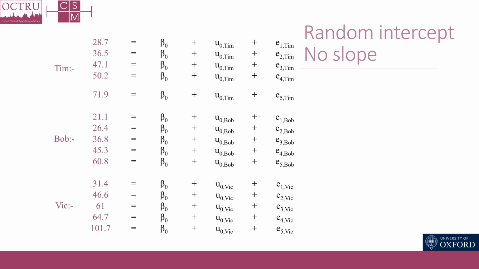Each observation for Tim, Bob, and Vic can be predicted through an equation that has three parts. The overall mean for Tim consists of beta naught, the population average, and another term that quantifies how much Tim's mean deviates from the population mean, and a third part that tells us how much each of Tim's observations deviates from Tim's individual mean.